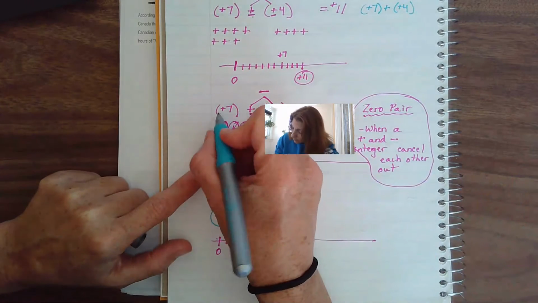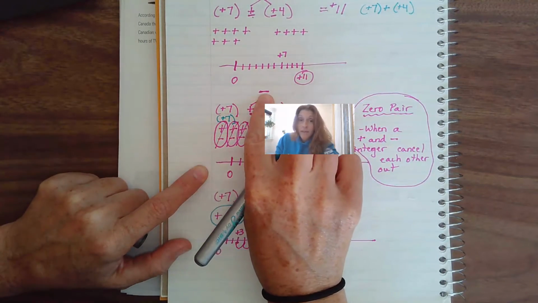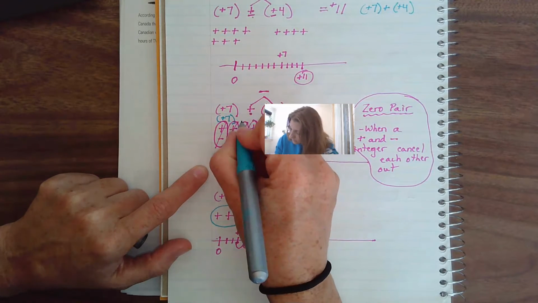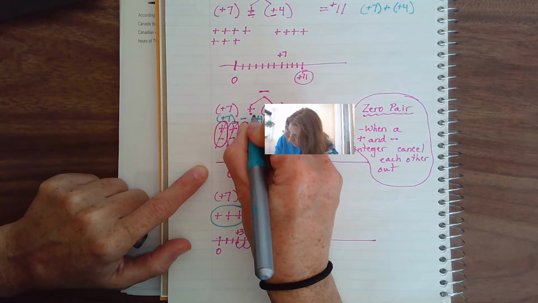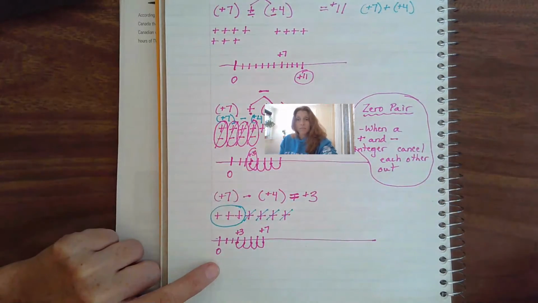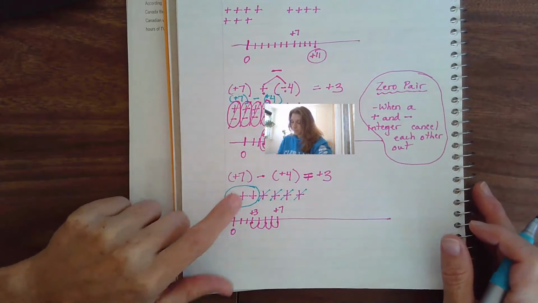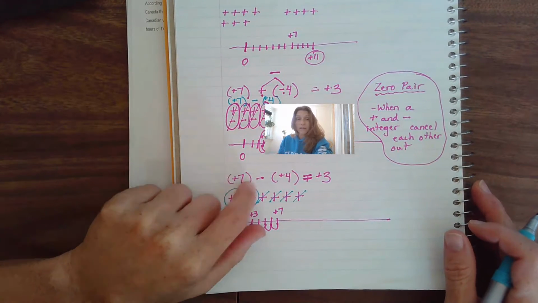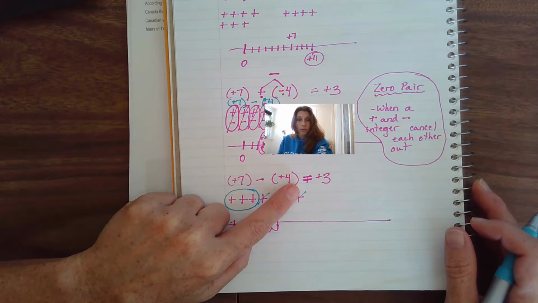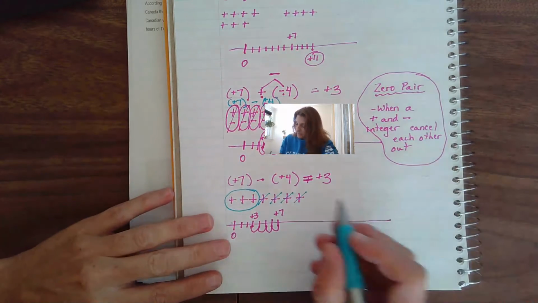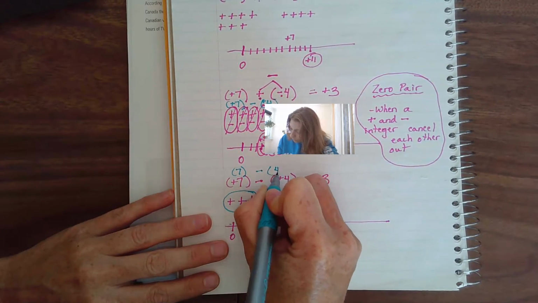So this one, I'll squish it under here, becomes positive 7 subtract 4. And you can put the positive sign there if you want. Positive 4 and 4 are the same amount. Positive 7 take away positive 4 stays the same. It's 7 take away 4.